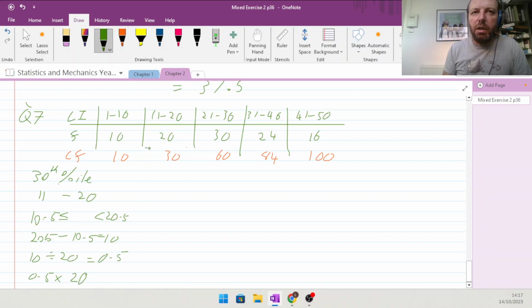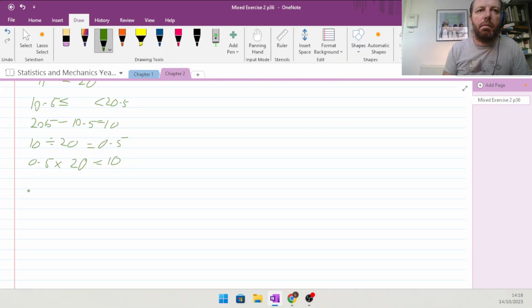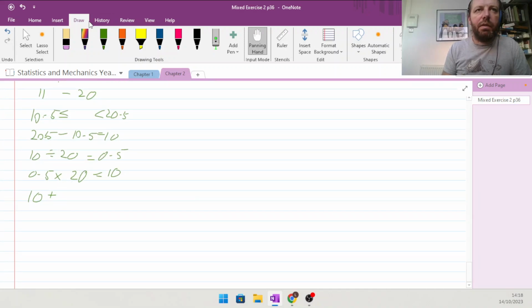So we'll be adding all 20 into there, which of course is 10, and then 10 plus the lower bound of this one, 10.5, which will be 20.5.